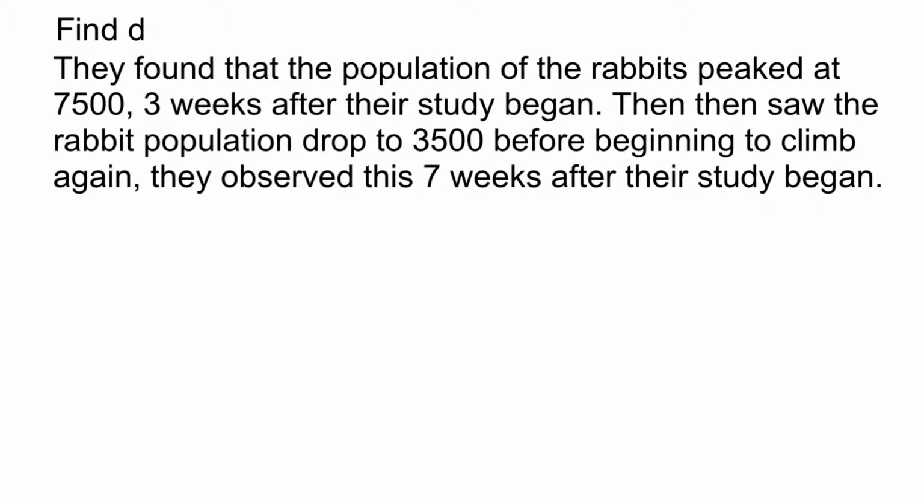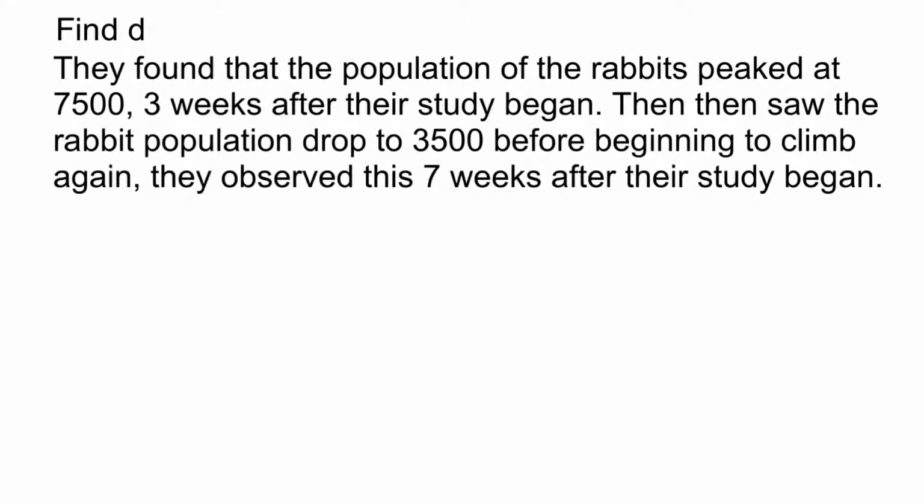So, when does a cos function start? What's the start of our cos function? At 0 along the x-axis. But what about the y-axis? It's the max. Where the max occurs is our d value. So where does the max occur this time? How much time goes by? 3 weeks.